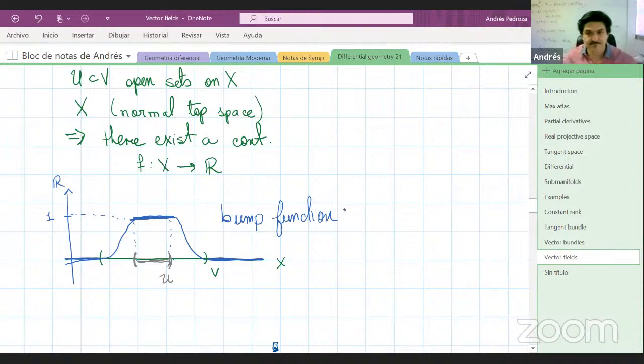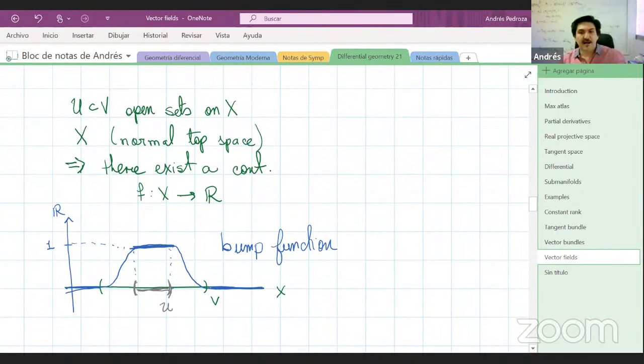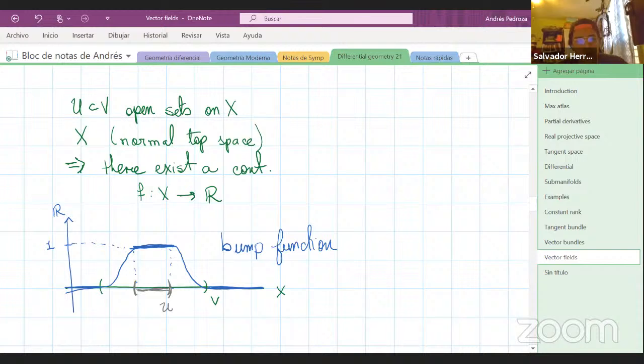Okay? Is this clear, Salvador? Yes. Okay, so here only topological space and continuous stuff.